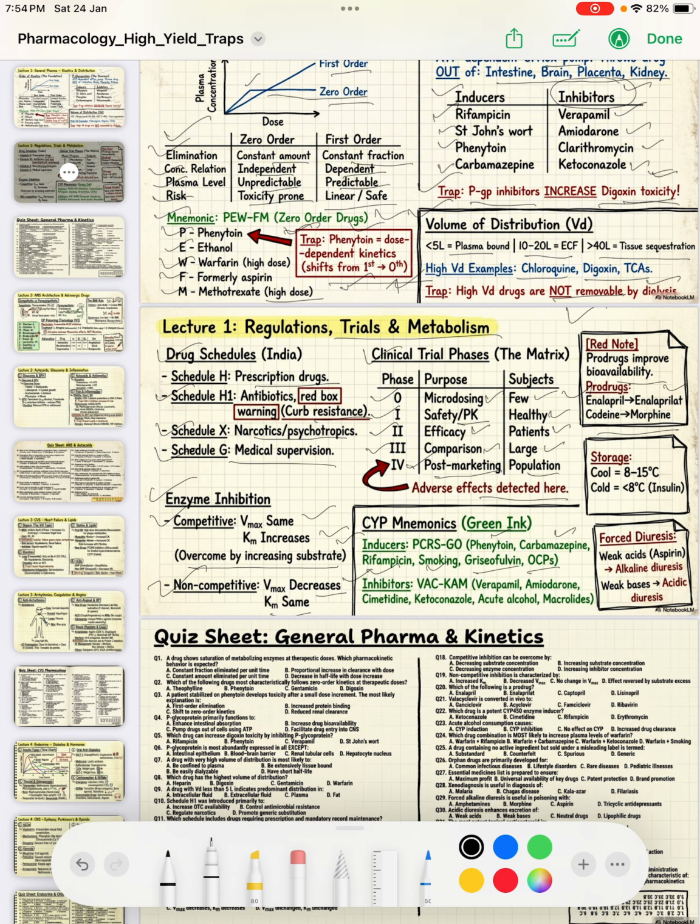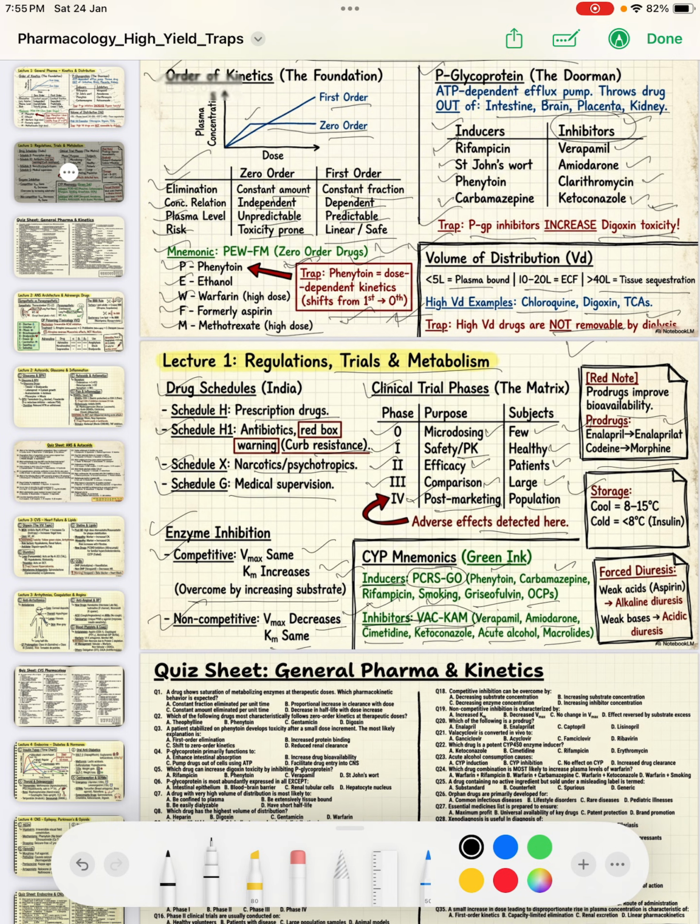For inhibitors, the mnemonic is VACCAM: V stands for verapamil, A for amiodarone, C for cimetidine, K for ketoconazole, A for acute alcohol, and M for macrolides. By PCRS GO we can memorize the inducers, and by VACCAM, the inhibitors.